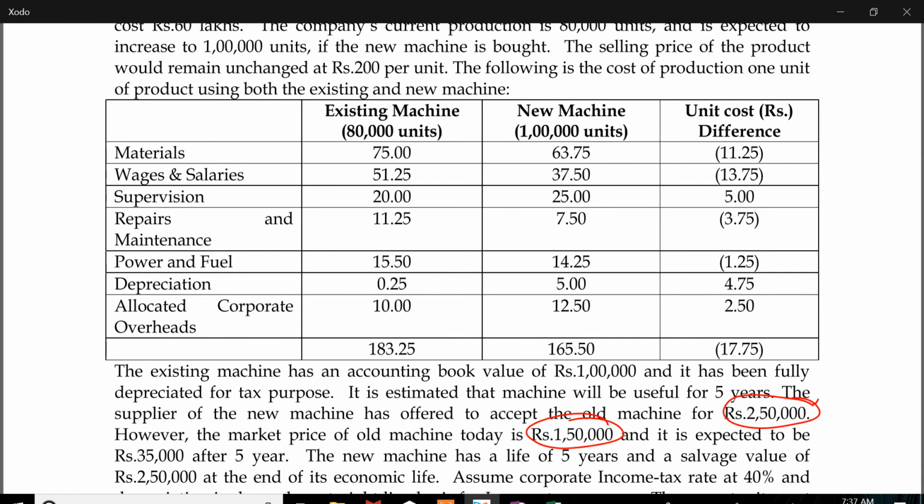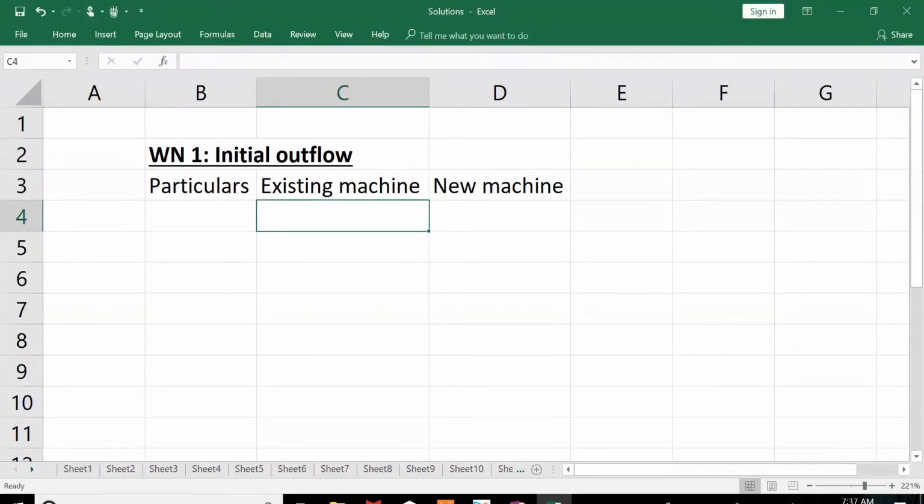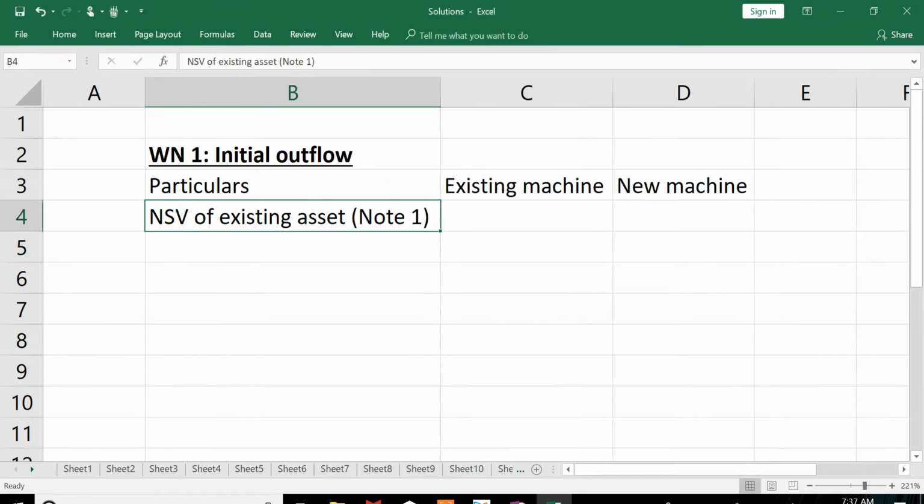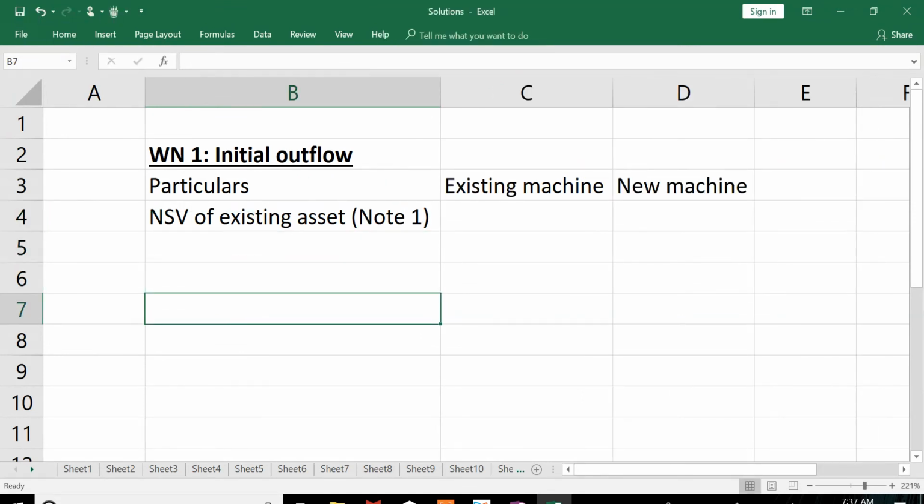Now there is some book value given in the question. So let's do the NSV calculation. NSV of existing asset, in bracket note 1. Leave some 3 lines gap. Calculation of NSV.